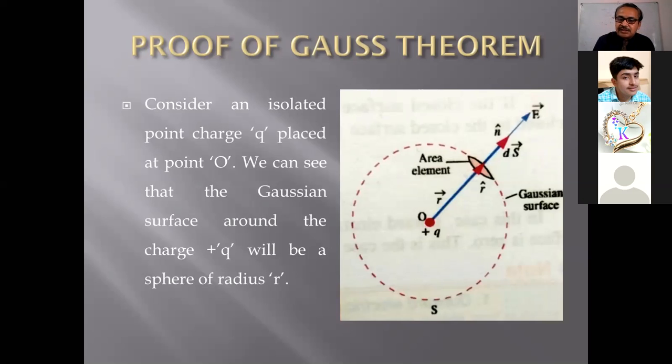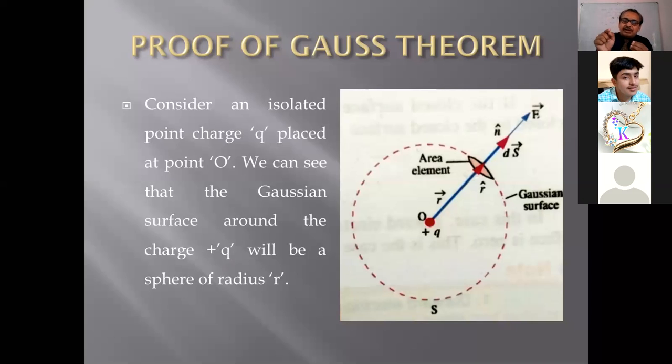What we have considered? We have considered a point charge. Due to this point charge, a Gaussian surface is being produced, which is in the form of a sphere. If you want to find out how much electric flux is there at that point P, which is at a distance of r from the charge Q, what we will be doing?